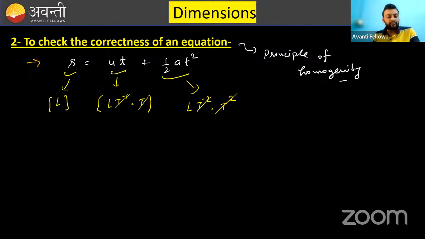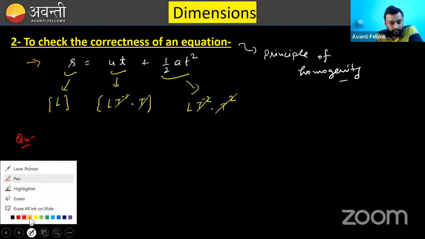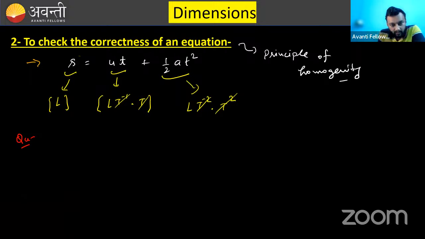So what is the use of this? How can a question be formed using this property? Let's check a question. The question says the equation is mentioned, F is equal to A T. Clear?